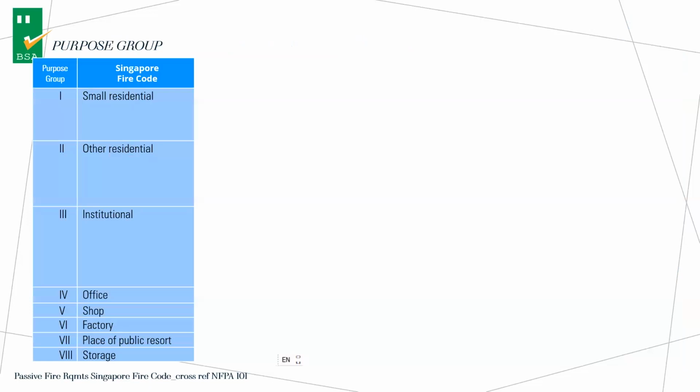So starting from understanding the approach to the fire protection of a building, we need to understand this term in the Singapore Fire Code called purpose group. We have small residential, other residential like condo, institutional, office, shops, place of public resort, and factory and storage. Okay, so something like that.